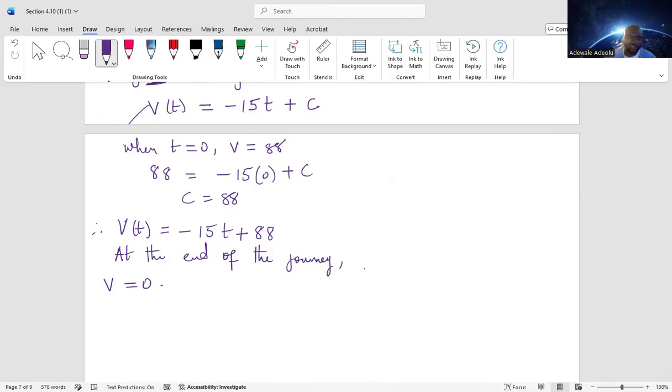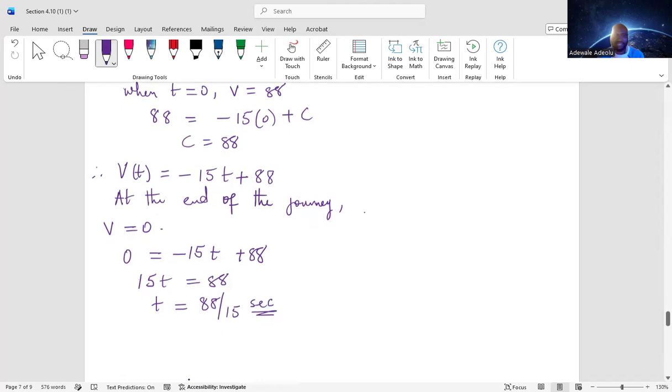So we can say 0 equals negative 15t plus 88. So we can find our t at the end of the journey. We move this, negative 15 becomes positive, equals 88, and we divide, so t equals 88 divided by 15, whatever that is. So the unit is seconds.